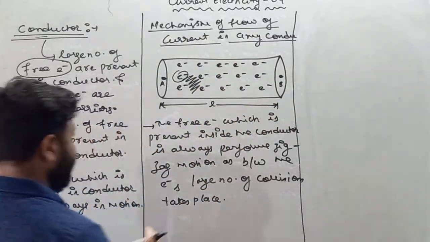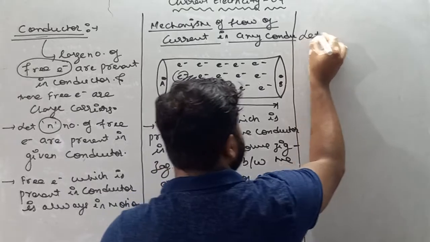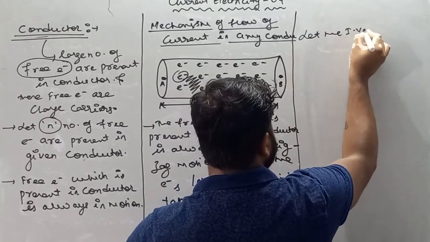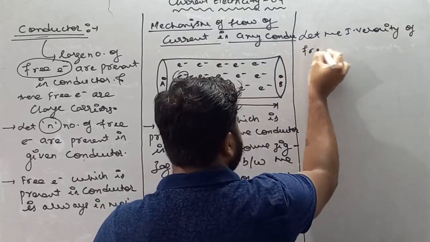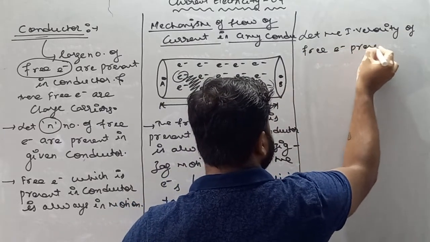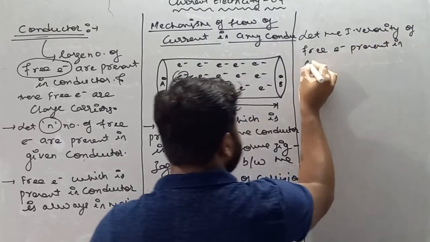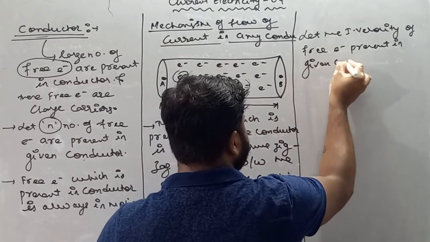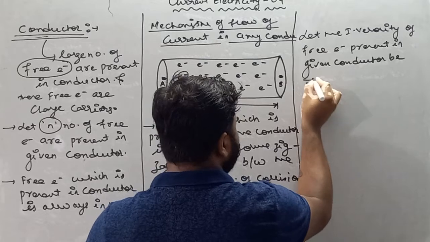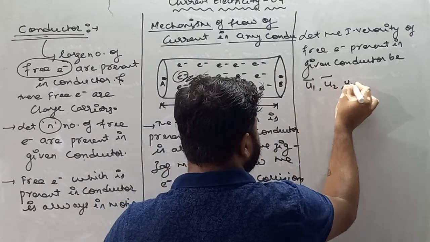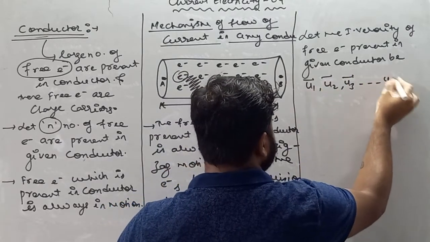So let the initial velocities of the free electrons present in the given conductor be U1, U2, U3 up to Un.